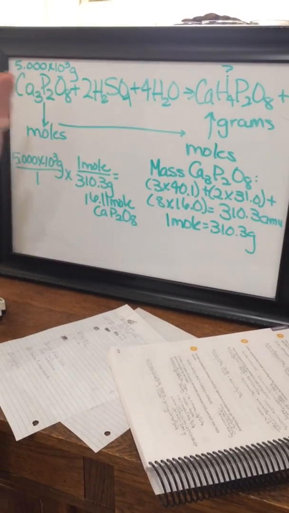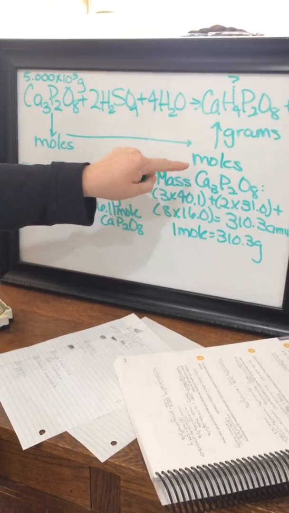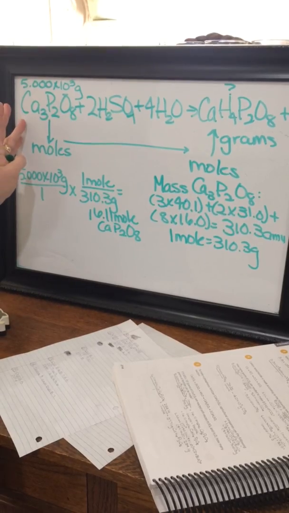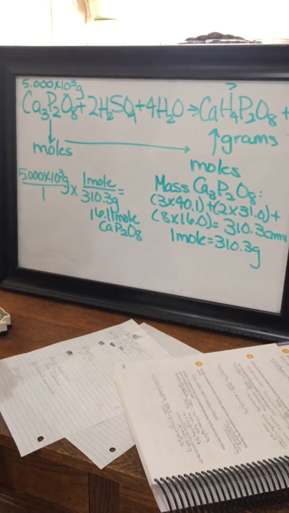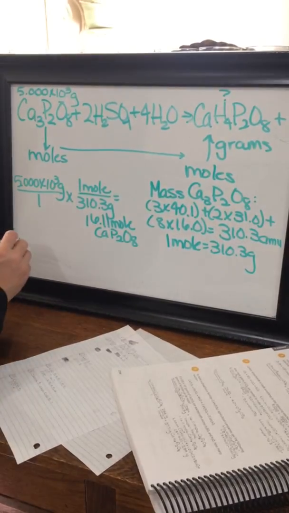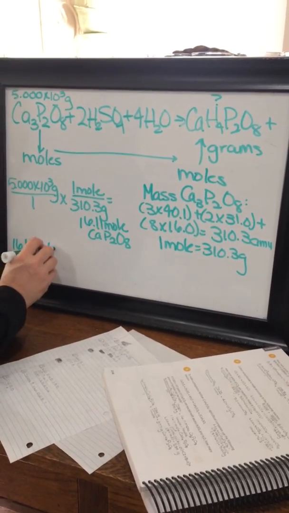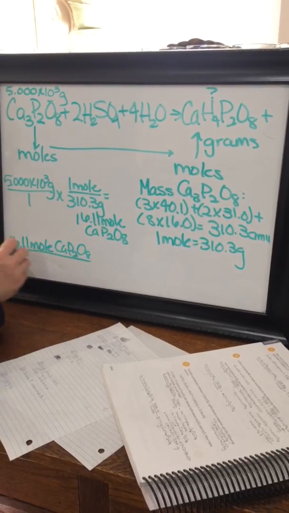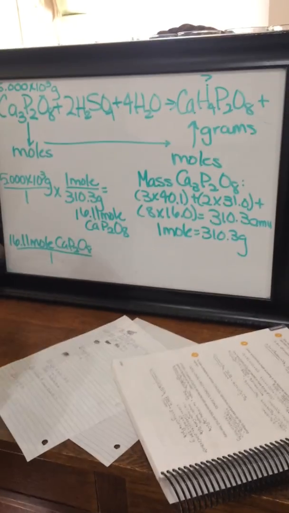So what are you going to do now? What's the next thing? We've made the step. We've come down to moles. We've got to relate moles to moles. So we look in our balanced equation. We have 1 mole of this compound is equal to 1 mole of this compound. Okay? So if we write this all out, we have 16.11 moles of Ca3P2O8. Now I know you don't have to write this out. You can do this in your head, but it's better to walk through the steps.